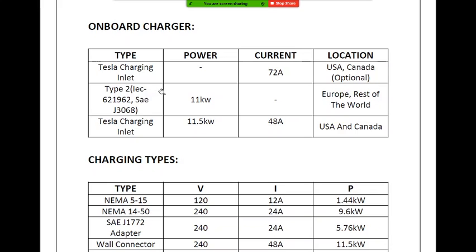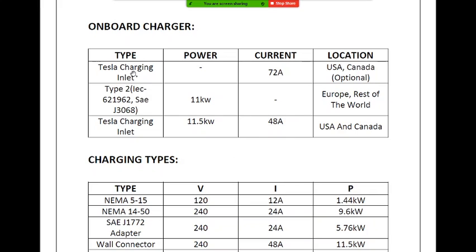And the Type 2 has power of around 11 kilowatts, and it is located in Europe and the rest of the world. And it has another Tesla charging inlet which is similar to the first one, but the power value and the current value are not similar.